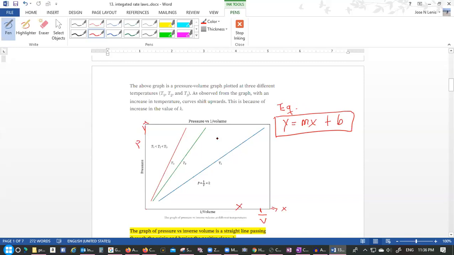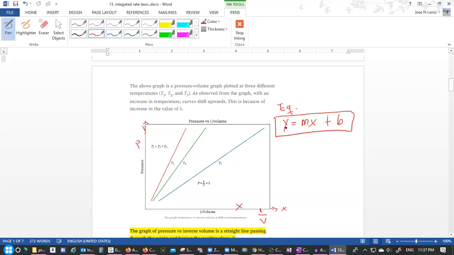And that's what we want, because now we can express the relationship between pressure and volume as a linear function like this, with this linear behavior.